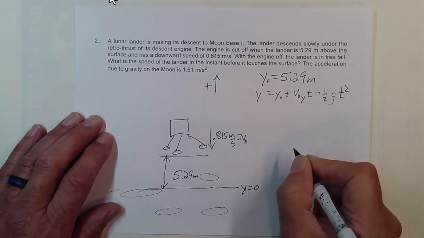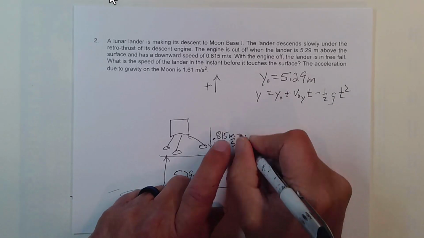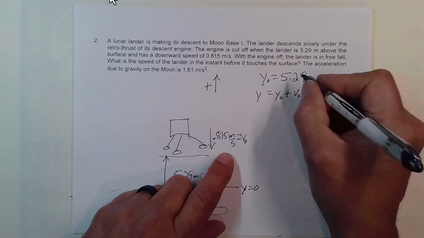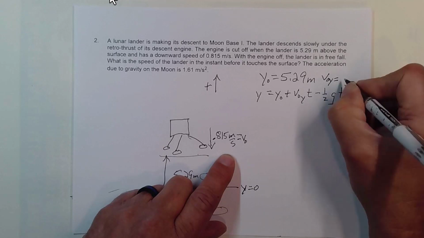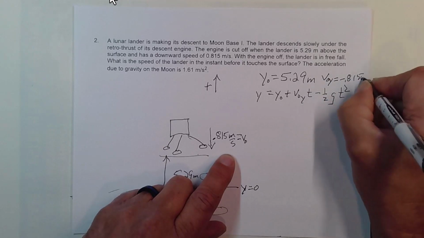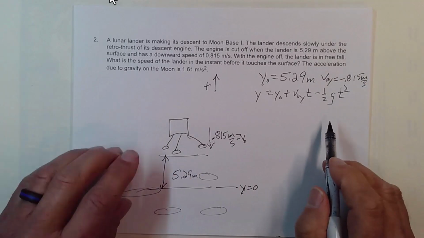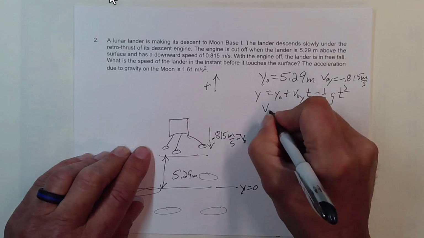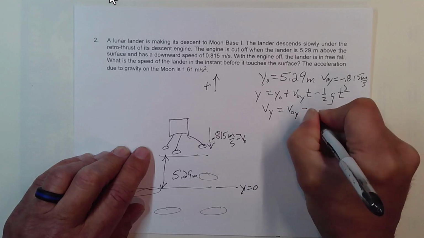V naught y is 0.815 meters per second, but it's going down. Okay, so let's see, we've got y naught, v naught y equals minus 0.815 meters per second. So we have that as well. We also have v sub y equals v naught y minus g t.